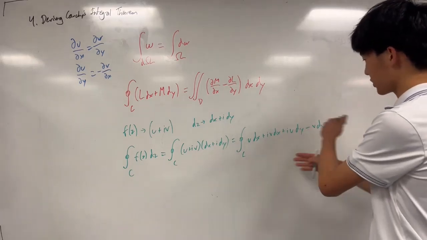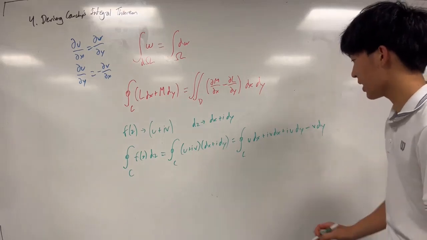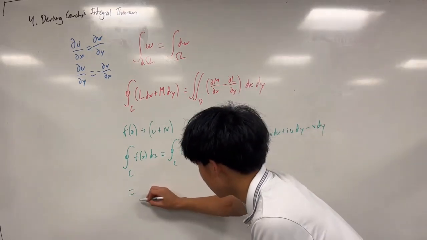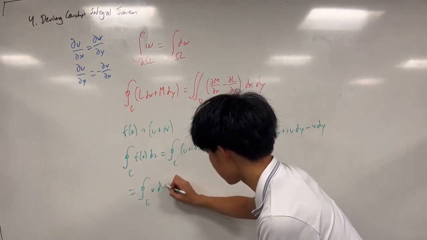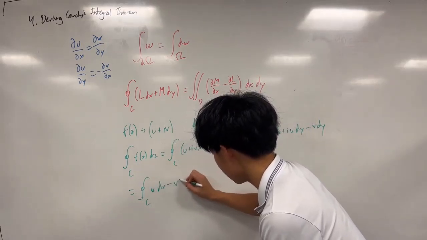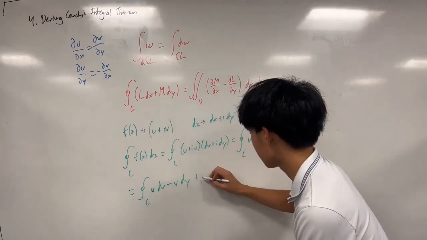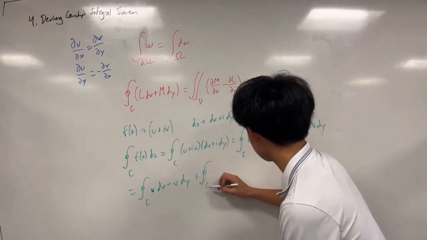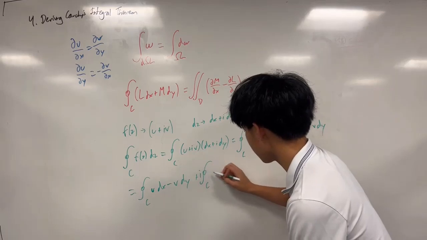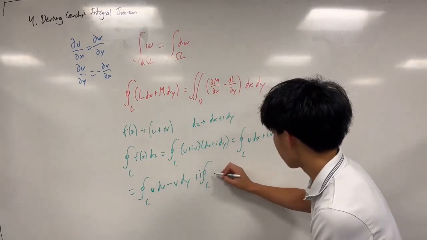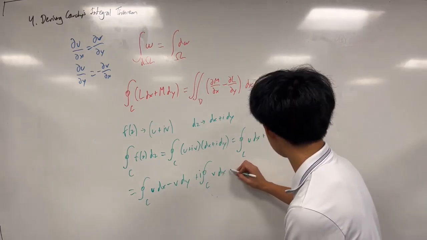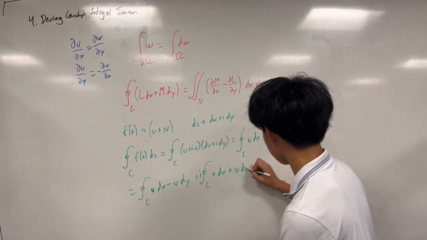And we can move these terms around and separate it by addition, such that this integral is equal to the integral over C of u dx minus v dy, plus the integral over C of, well, i times that, because it's independent of the variables of integration, of v dx plus u dy.